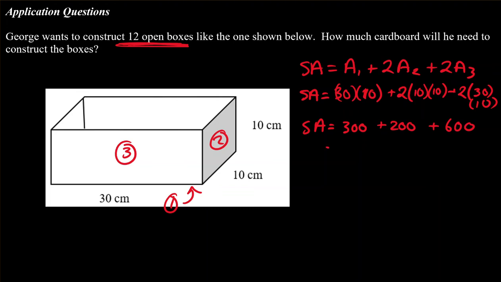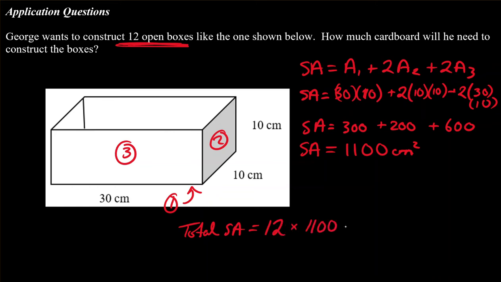Perfect. So now we just have to add up the surface areas of all of these objects. 300 plus 200 is 500, plus 600 is 1100 square centimeters. Perfect. Now, remember, this was not one box. He wanted to make 12 boxes. So the total surface area is going to be 12 boxes at 1100 square centimeters each.